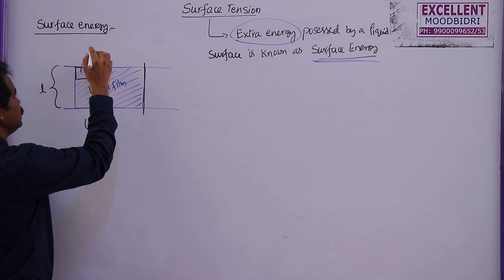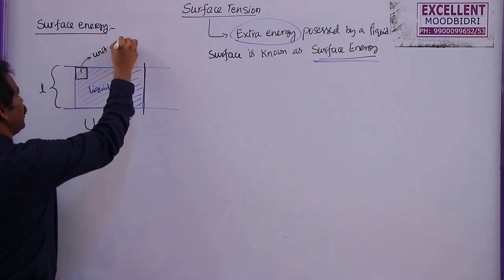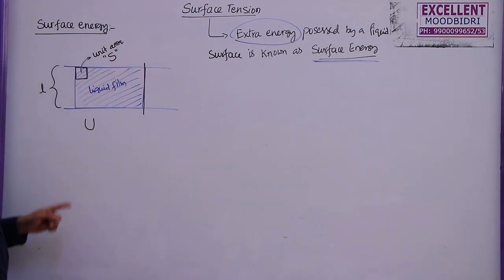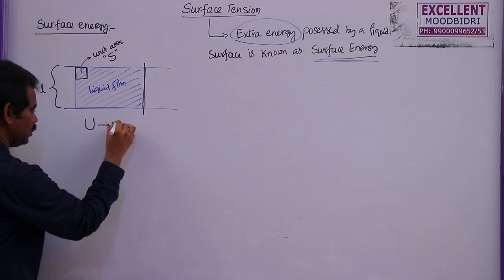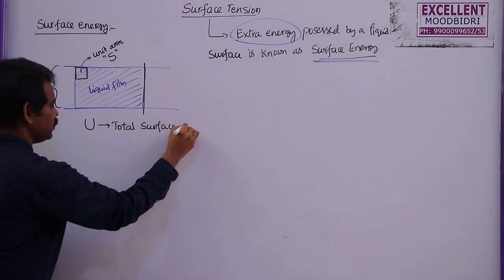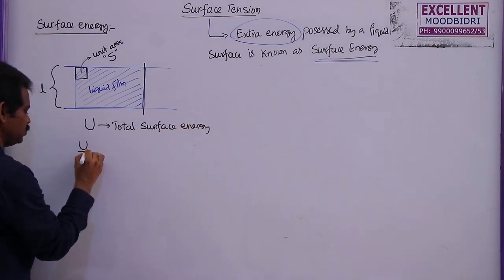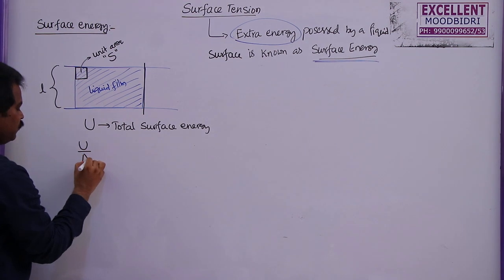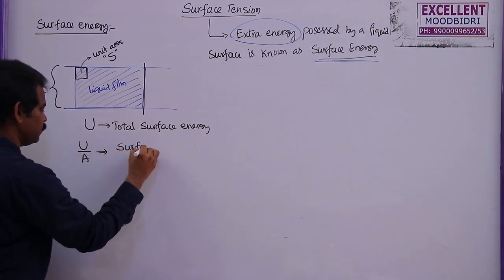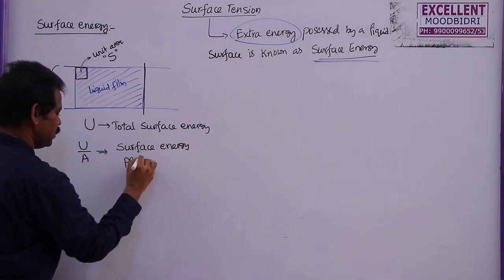For unit area, the energy possessed, let me take it as S. The total surface energy divided by the total area of this one will give surface energy per unit area.